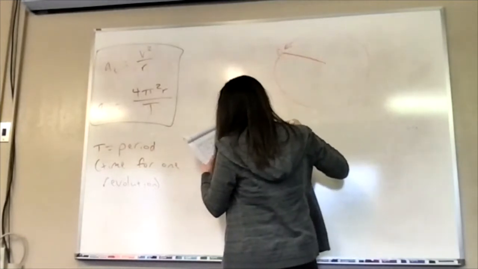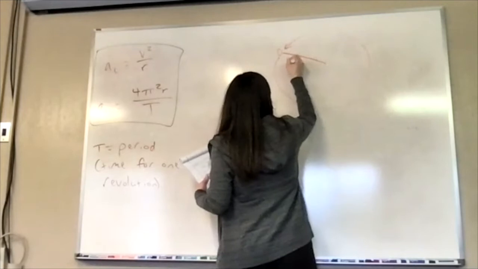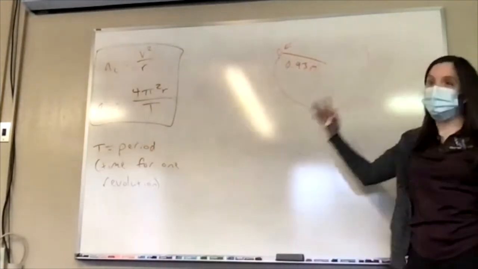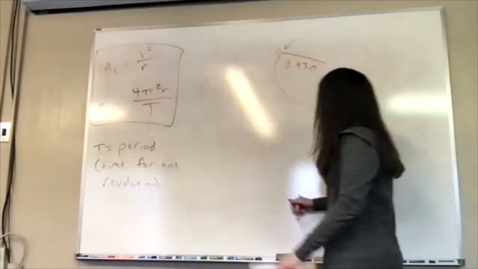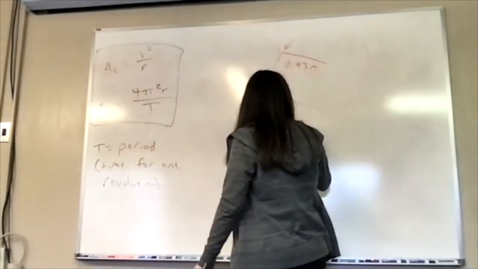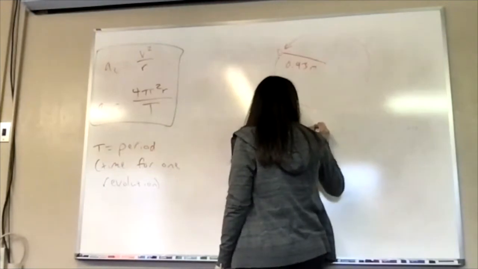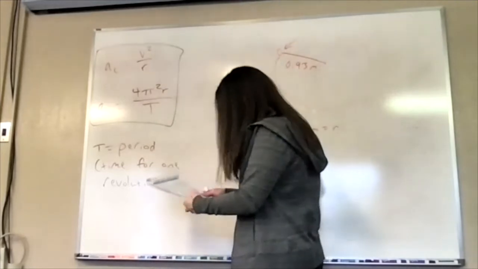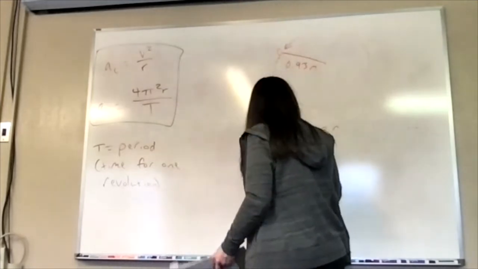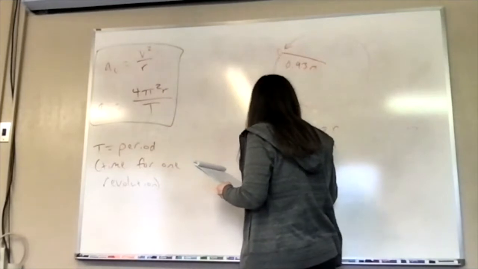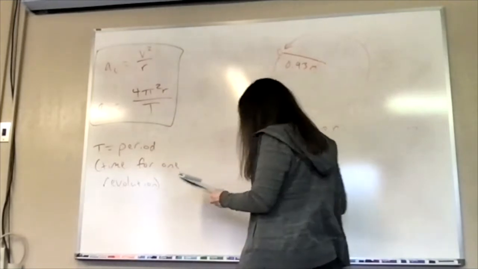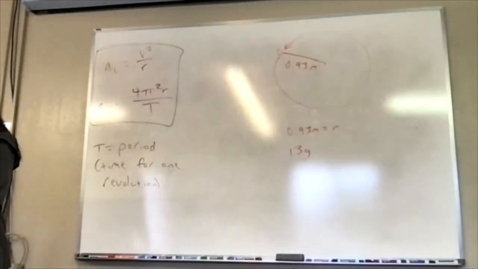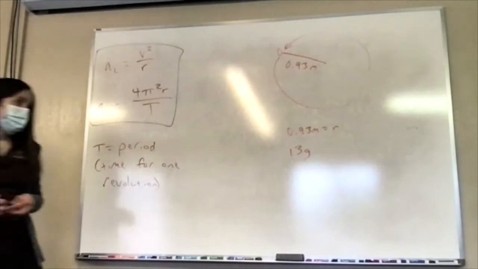So the string is 0.93 meters. So that's the radius of motion. We know the mass of the stopper. It was given to us, 13 grams. Now we always need to use kilograms for these problems, so we might as well just convert right away to kilograms.